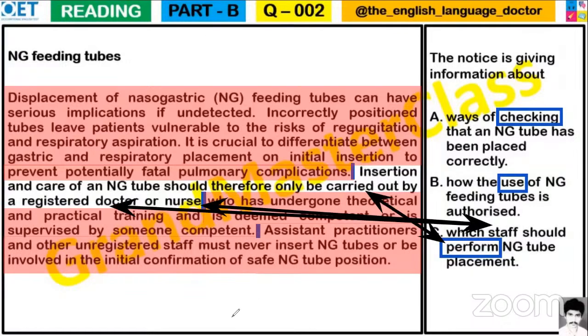Very simply, you will get the clarification here. Insertion means placement. NG tube. Perform means carried out. By which staff? By means who should perform?